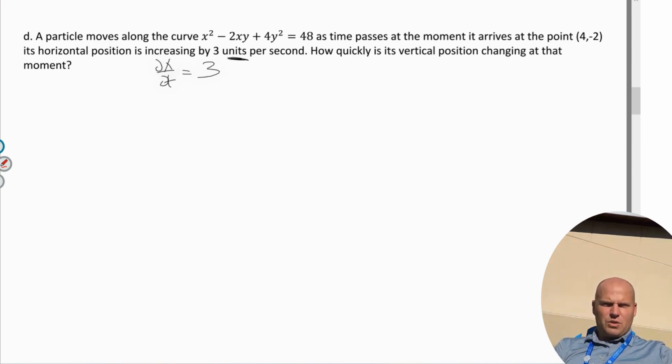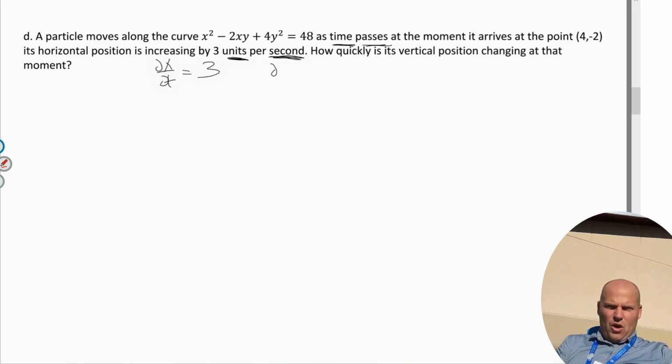Here's some things that you know mean we need dt's. Units per second. It either tells you dx dt is 3, or you read this question and say units per second, you see that time is passing, so time is involved. They're not just looking from left to right on the x-axis. We are incorporating time.